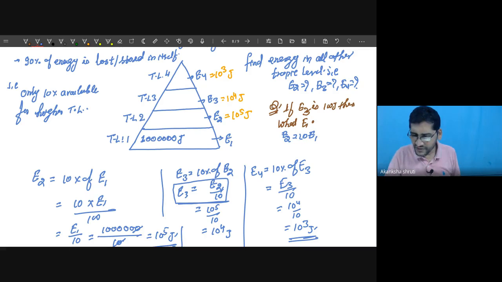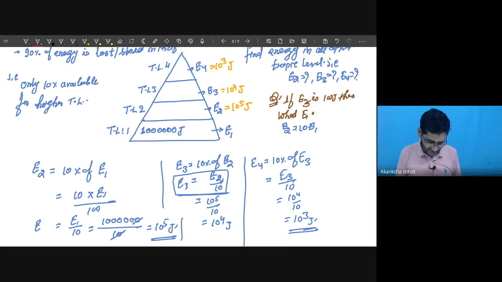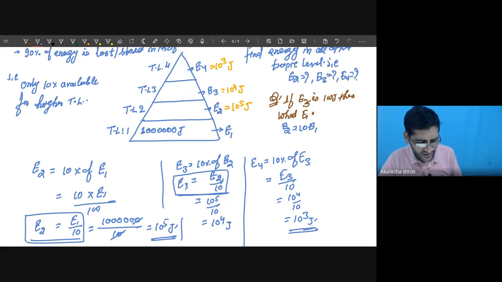Are we getting? So E2 is 10 times of E3, like E1 is 10 times of E2, because E2 is E1 by 10. Students, note the suffix here.